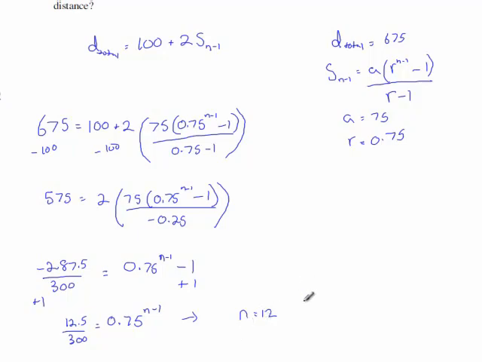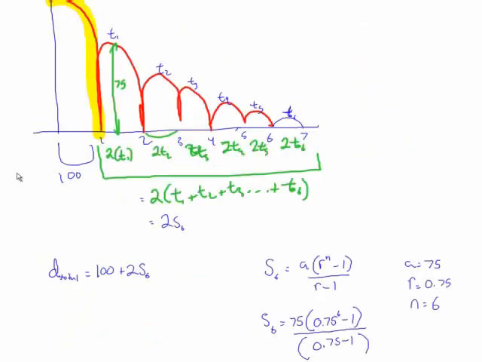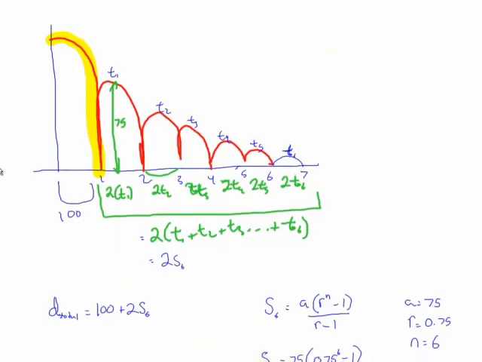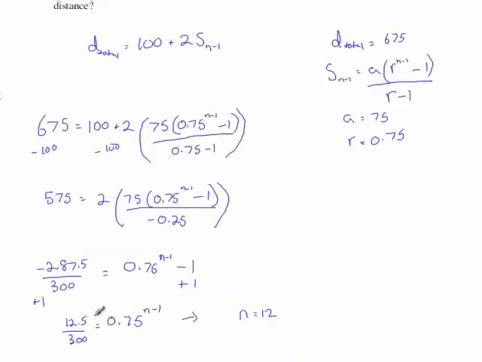Another way to say this, just like when you saw when the ball hit the ground for the 7th time, you could say that it had traveled 6 complete bounces. So if the ball hits the 12th time, you could say 11 complete bounces. Either way is fine, just make it very clear what your n refers to.